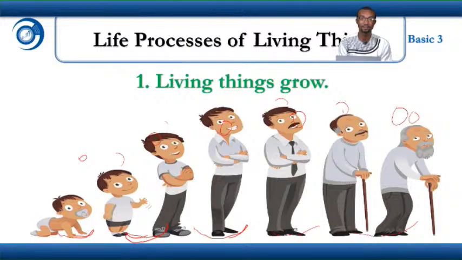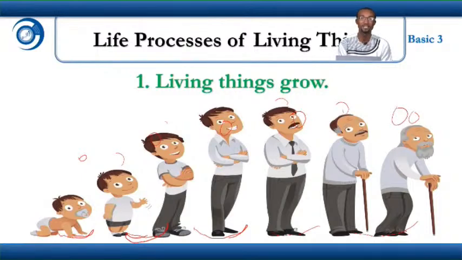When you were a child, you were a very little baby, and you were found in your mother's arms. Sometimes your mom will put you at the back and tie you with a cloth. But right now, you have grown into a big boy or a big girl, because as part of the life process of living things, we grow.